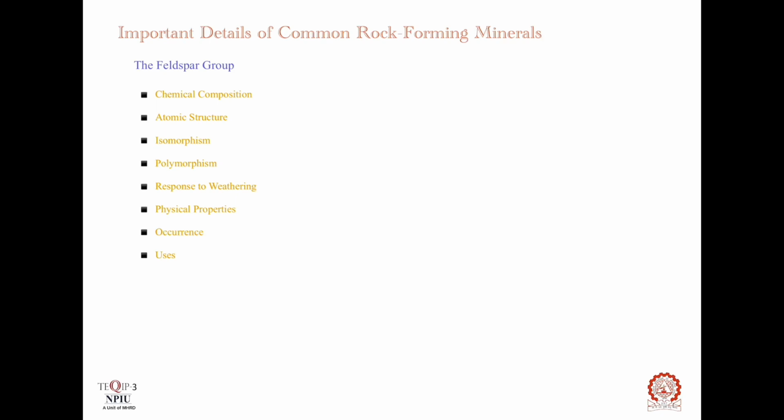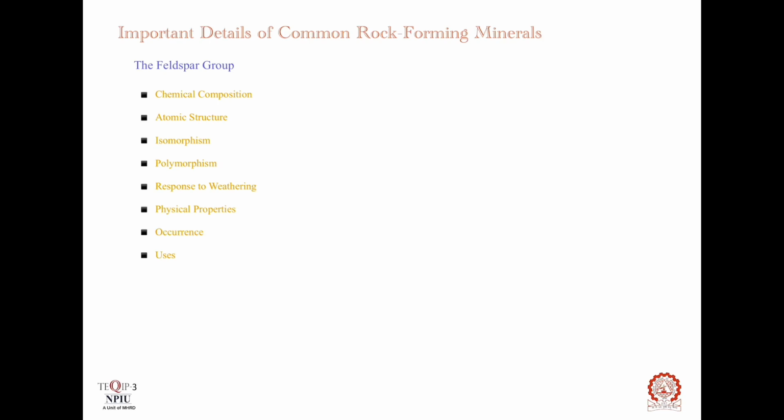The term feldspar does not represent any single mineral. It refers to a group of different minerals which possess similar chemical composition, atomic structure, physical properties, and optical properties. There are very few rock types which are completely free from feldspar or its products of weathering.